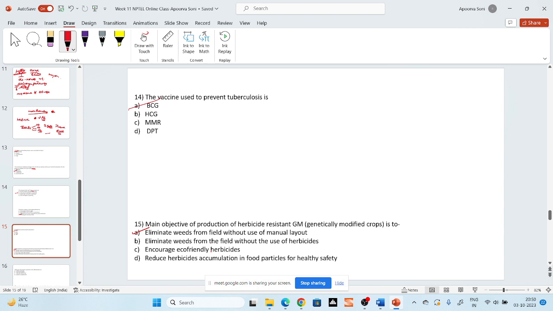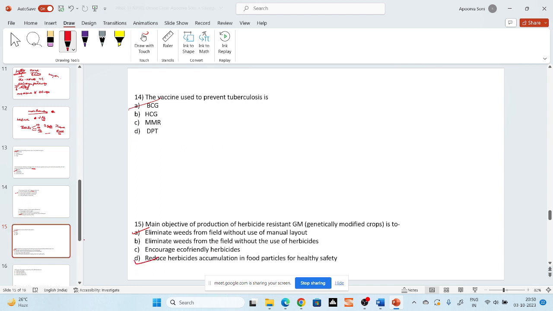So those herbicides were also getting accumulated in the plant food that we eat. When a plant is herbicide resistant, it is not able to take that herbicide, so that plant will have reduced accumulation of that herbicide. So I think D would also be a right answer.